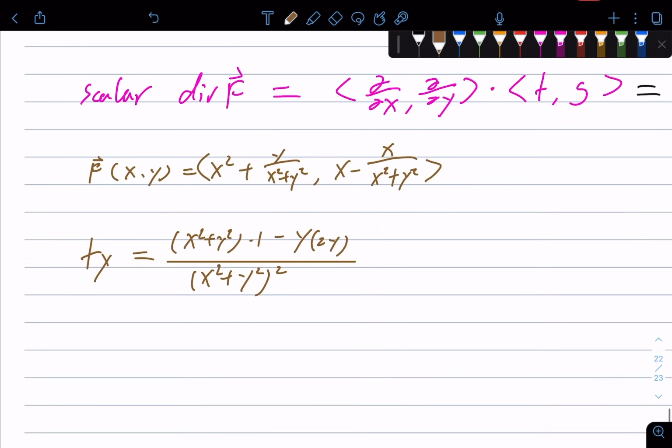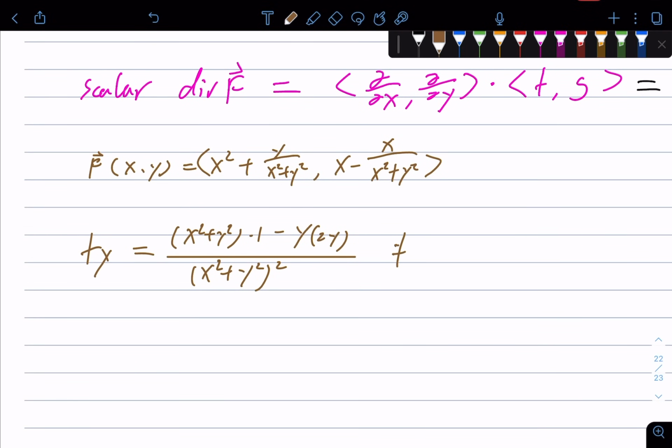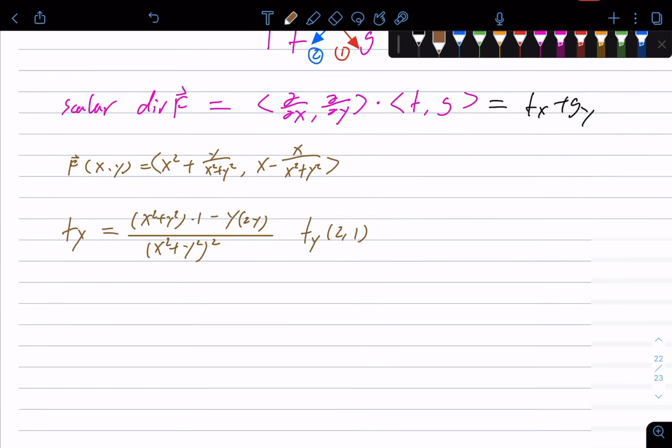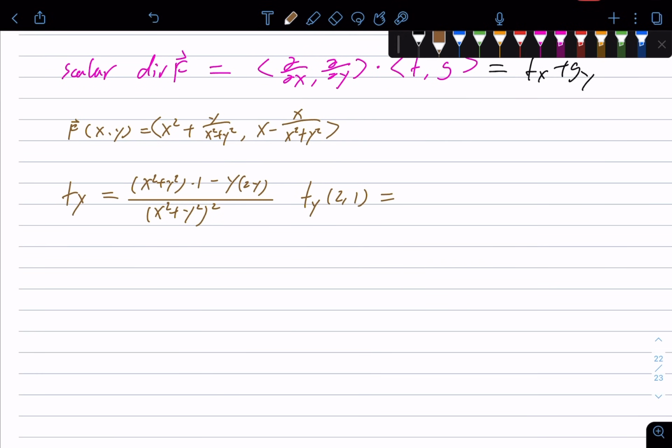Fy at (2, 1) is about 5 minus 2 over 25, which equals 3 over 25. Okay.